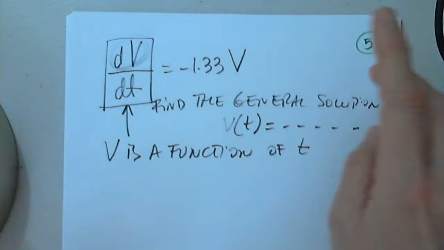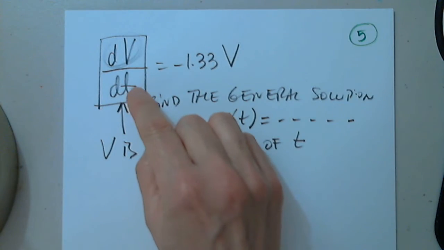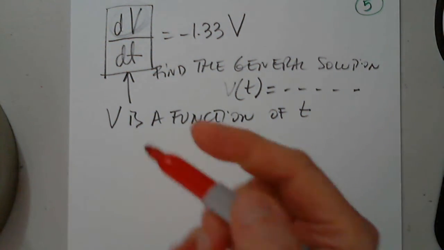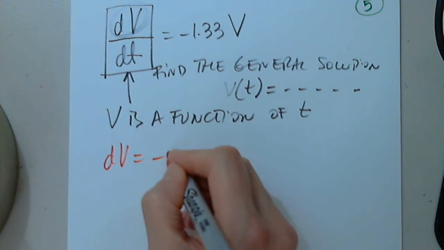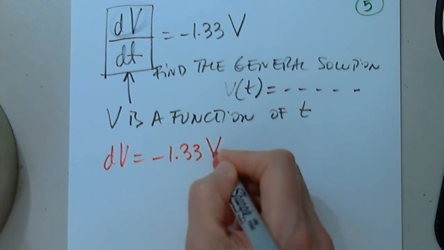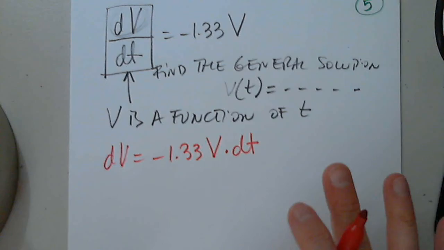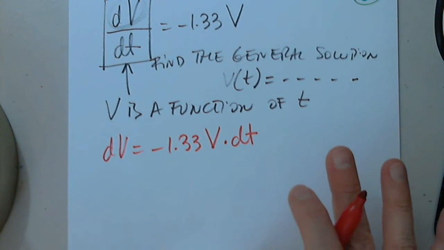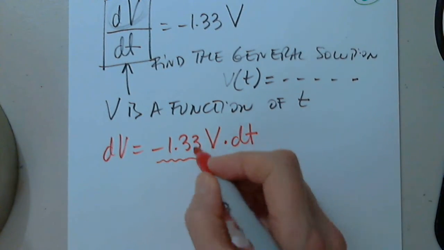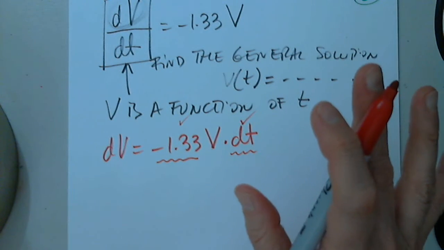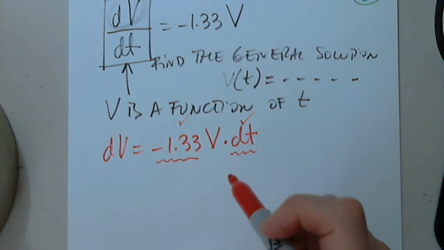First step, let's do it slowly. I will multiply both sides by dt. When I multiply both sides by dt, I get dv equals negative 1.33v times dt. Well, this is a step in the right direction. I have a number, that's fine. I have dt on this side, that's fine. But I have a problem here.